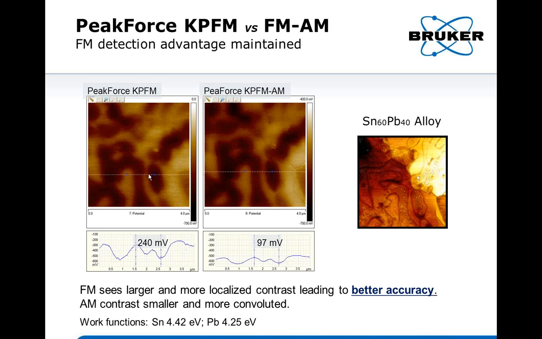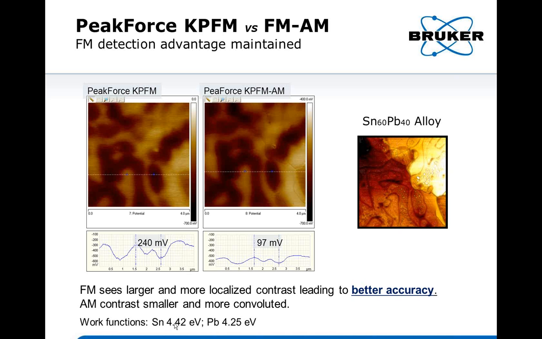Now, let's do a cross-section on the same line, and you'll see on the frequency modulation part, the PeakForce KPFM, the difference between these two domains, the tin and lead alloys, is 240 millivolts, and that's in good agreement with the expected value.